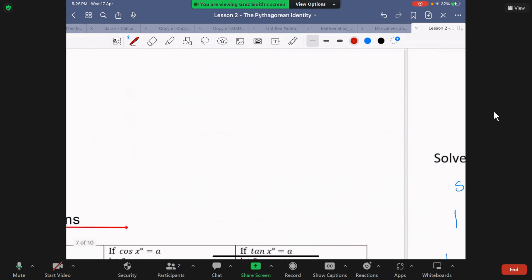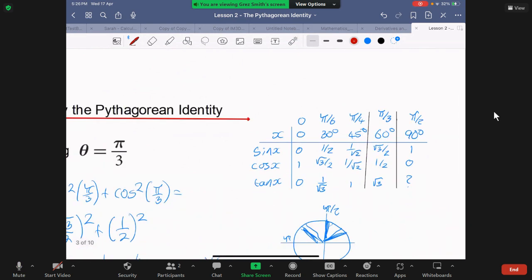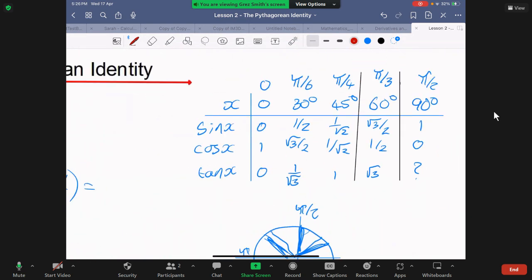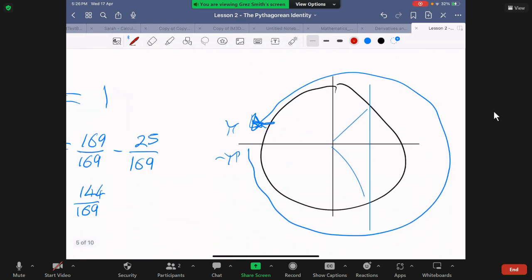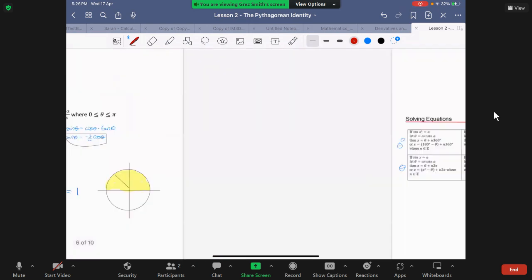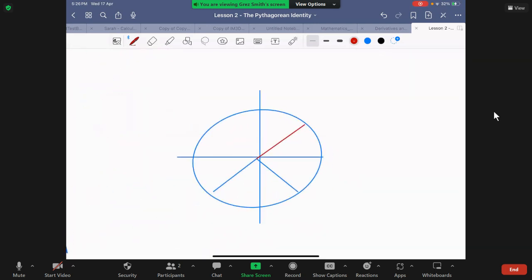As we saw in our exact value table, sine theta equal to a half is pi over 6. So this is pi over 6, and this is minus pi over 6.